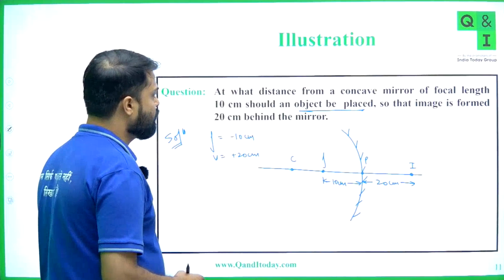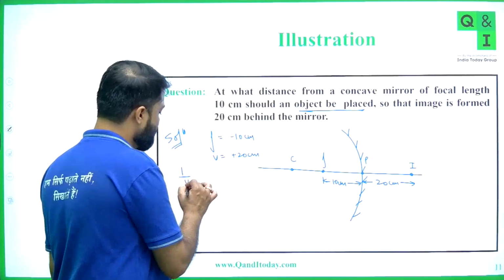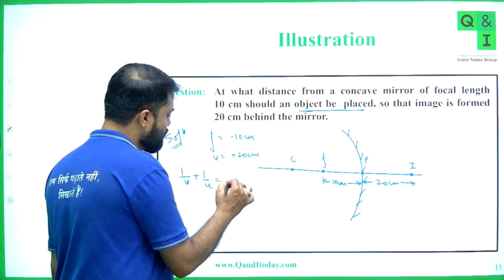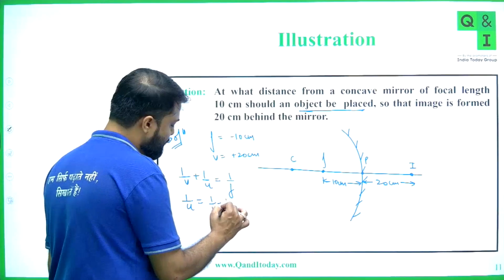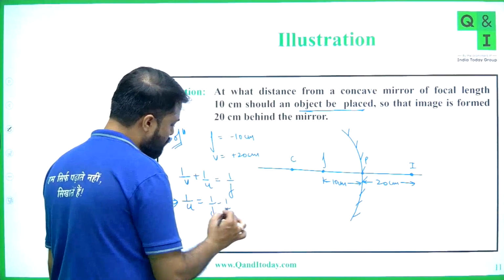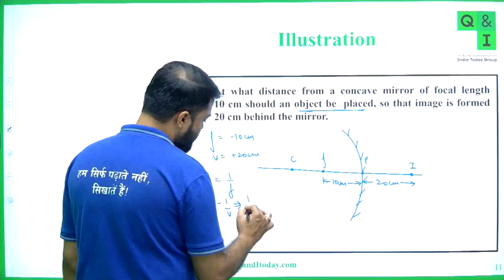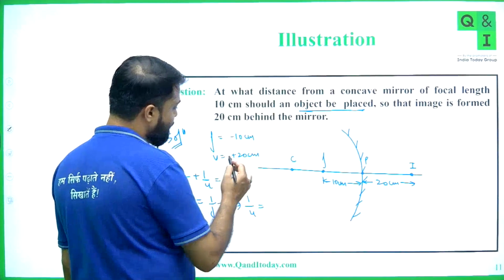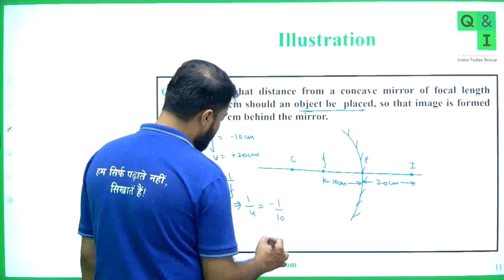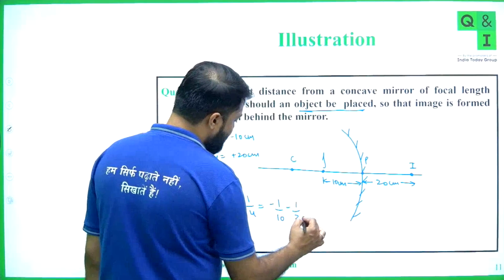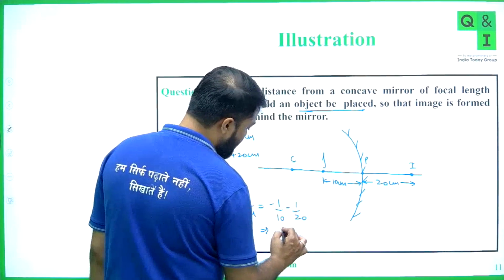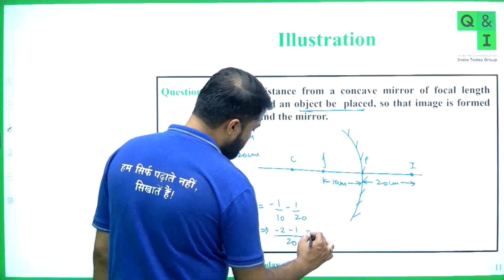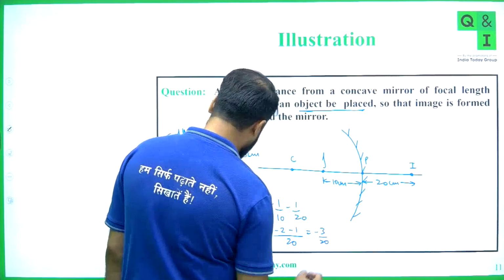Okay. Now, the image is at 20 centimeter, and we have to find where to place the object. So 1 by V plus 1 by U is equal to 1 by F. So 1 by U is equal to 1 by F minus 1 by V. That is minus 1 by 10 minus 1 by 20. So this is 20, 10 into 2 minus 1, so this is minus 3 by 20.